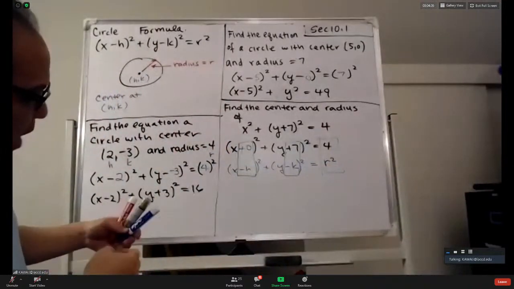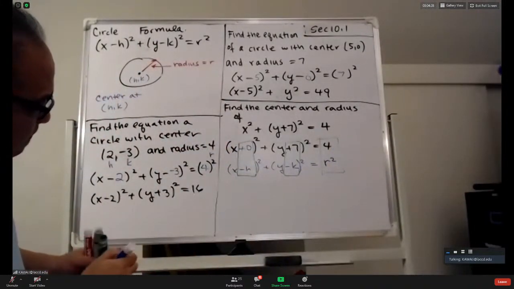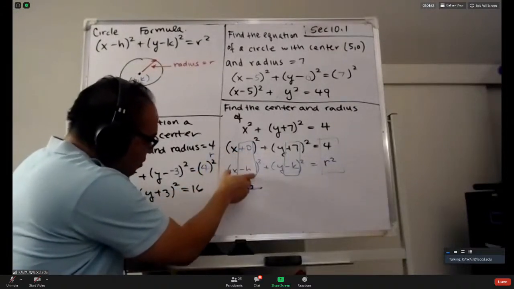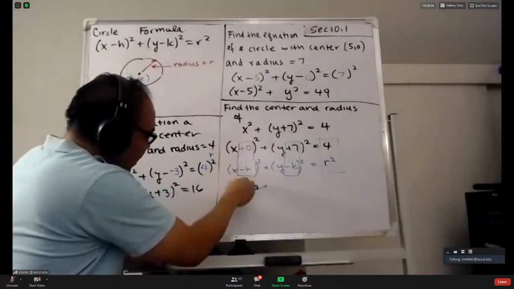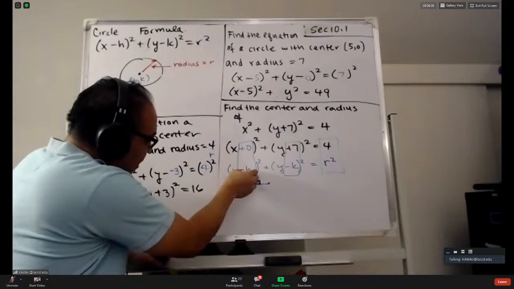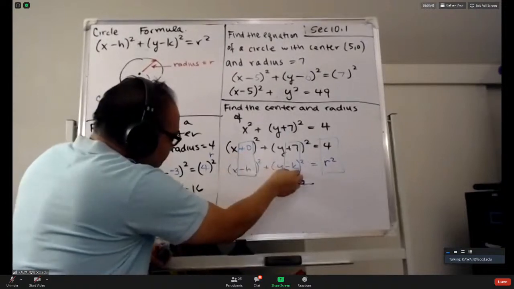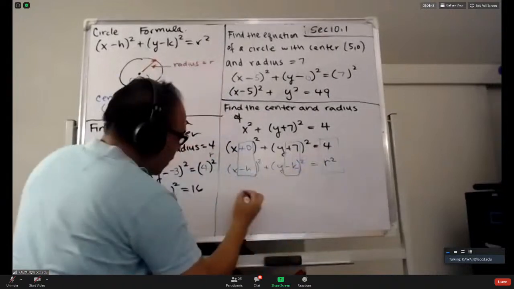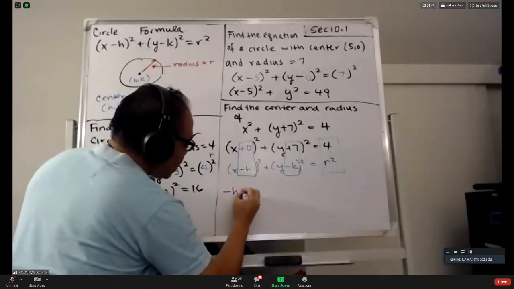Okay, so if you're copying, just look up. I'm going to give you a second to copy. Okay, so we see that if we do pattern matching, everything else is identical. The only thing that's not identical is this minus h is 0, this minus k is 7, and this r squared is 4. So this gives us 3 problems to solve.